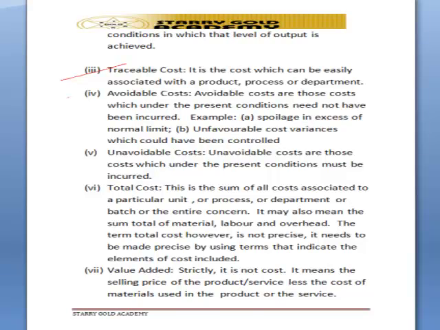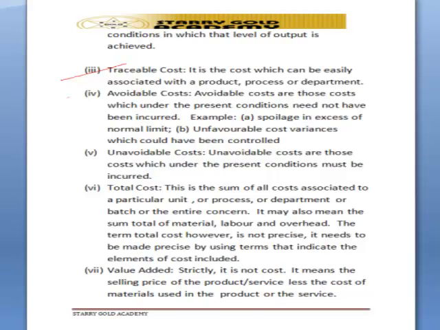Remember we also have what we call avoidable cost. That is cost that you can refuse to incur based on your decision. And if you remember, we said all variable costs are controllable, and because they are controllable, they are also avoidable. So avoidable costs are those costs which under the present condition need not have been incurred. The spoilage, for instance, spoilage in excess of normal limit, or avoidable cost variances which could have been controlled.